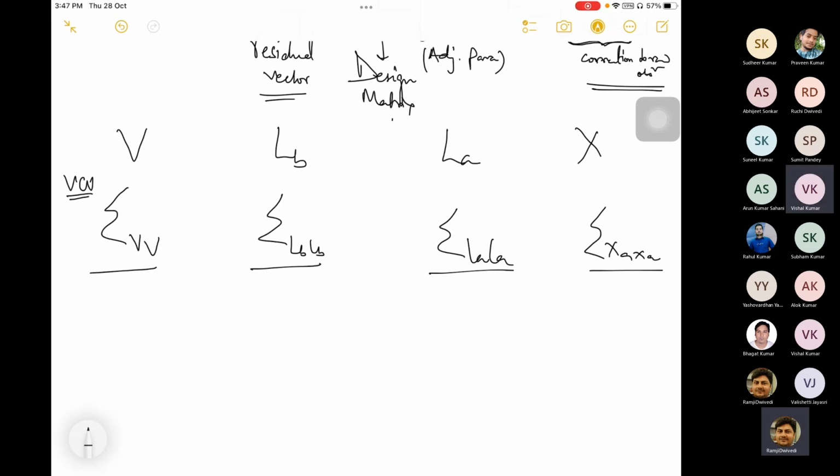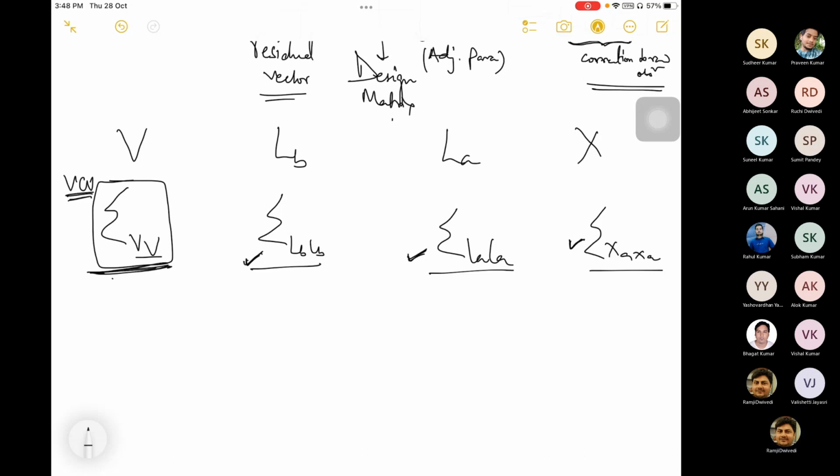Before you speak anything, first understand what this is. This is the variance covariance matrix for residuals, for raw observables, for adjusted observations, and for adjusted parameters. Now you have to tell me the sizes.